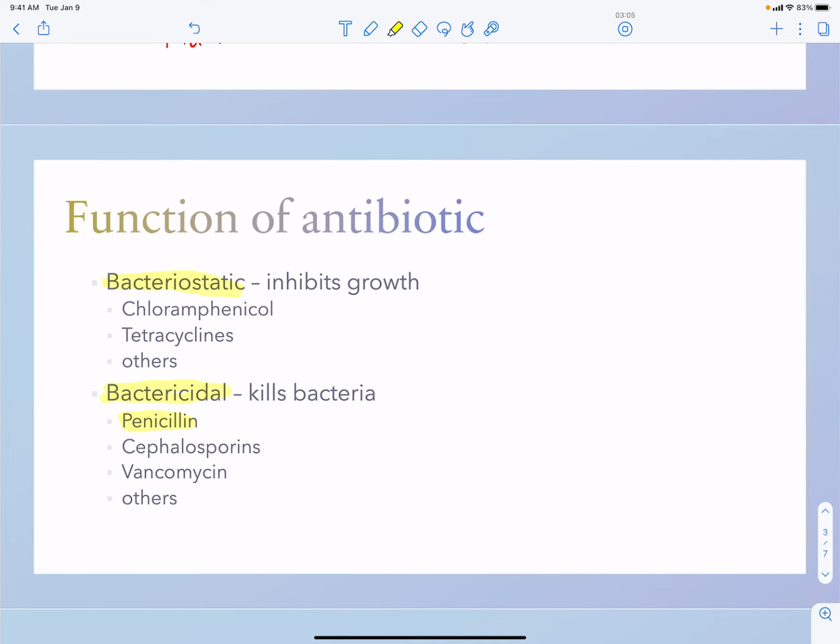And so they're not going to basically kill the bacteria immediately, but they're going to slow it down. They're going to inhibit the growth. And keep in mind that antibiotics are also going to have the added benefit of working alongside our immune system. So as the bacteriostatics are inhibiting the growth, our immune system is going to be trying to eliminate the bacterium as well.